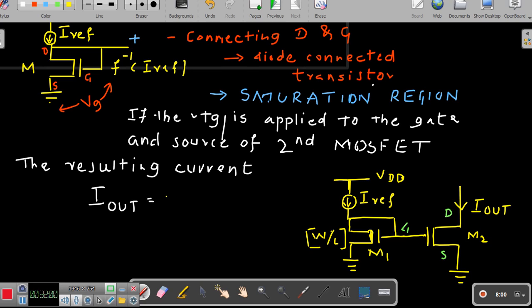It will be the inverse function of I reference. I hope you can understand what I have written here. So I out becomes equal to I reference.